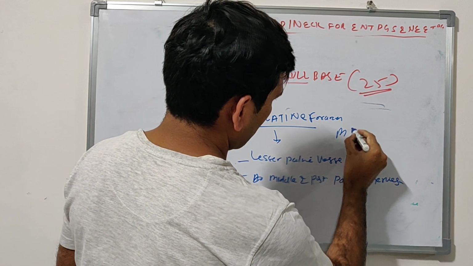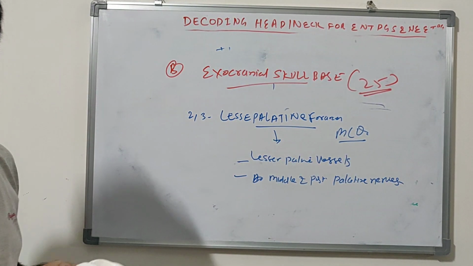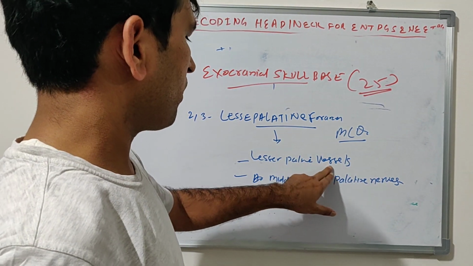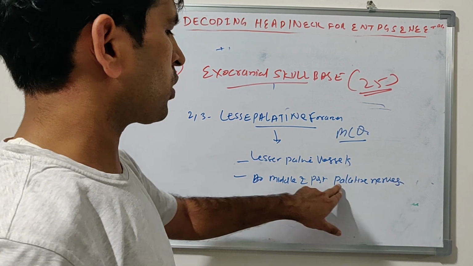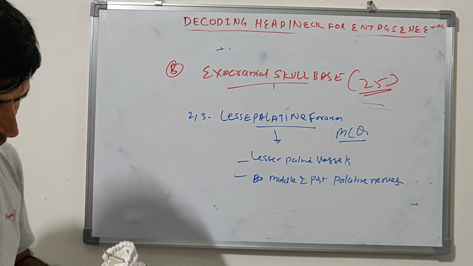Okay, this is very important. These two or three foramina lie behind the greater palatine foramen of each palatine bone. The lesser palatine vessels and the middle and posterior palatine nerves pass through the lesser palatine foramina.